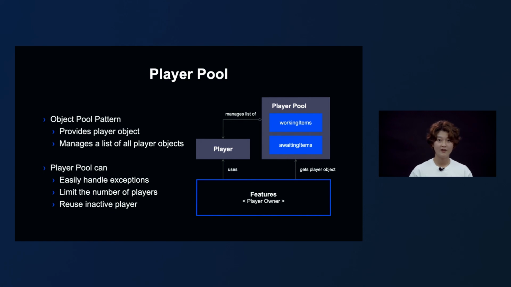Also, it allows the application to limit the number of player objects that can exist at the same time. And player pool can reuse inactive player objects. By using this player pool, the feature developers don't need to manage the player objects since the player pool handles that.